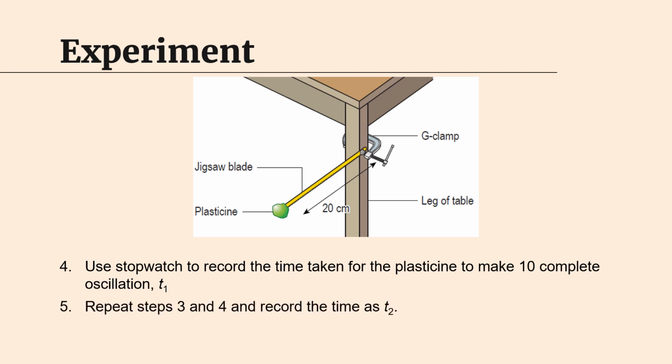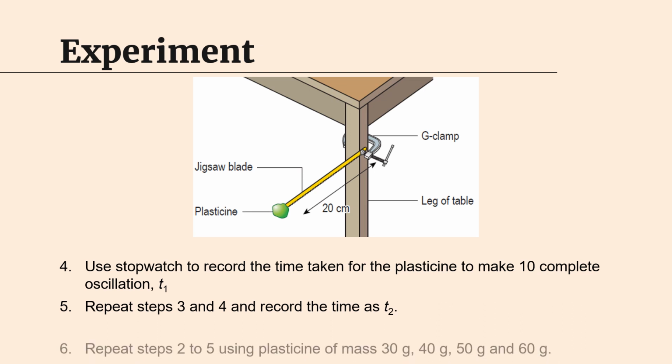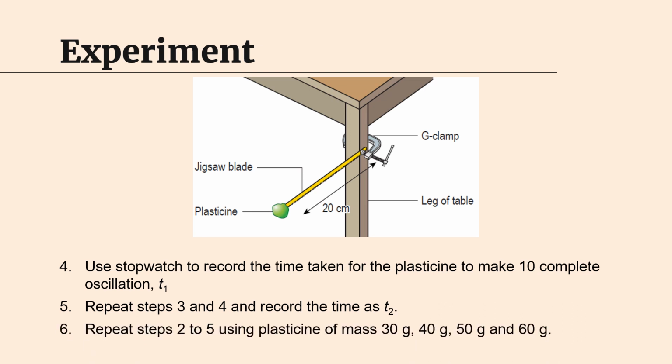Next, repeat steps 3 and 4 and record the time as T2. Last but not least, repeat steps 2 to 5 using plasticine of mass 30 gram, 40 gram, 50 gram, and 60 gram.